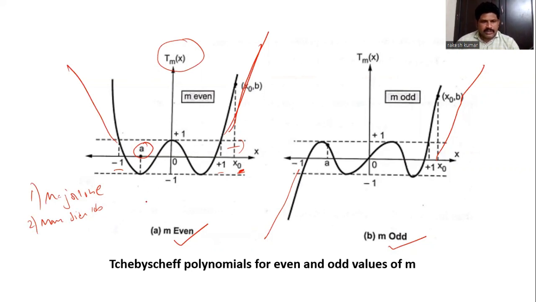The side loops arise for x less than 1, and the main loop extends far into the region x greater than 1.